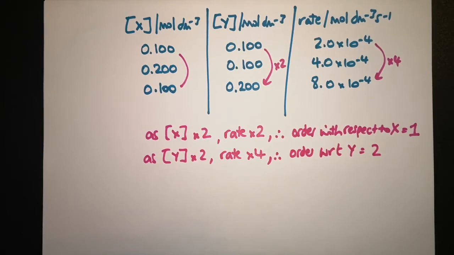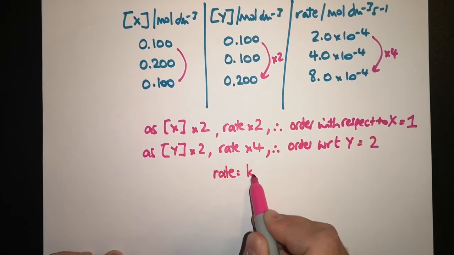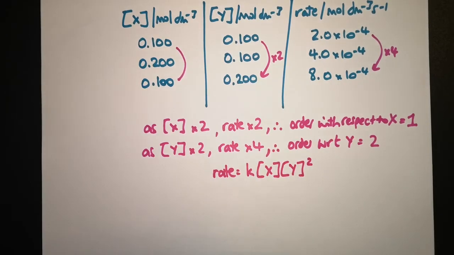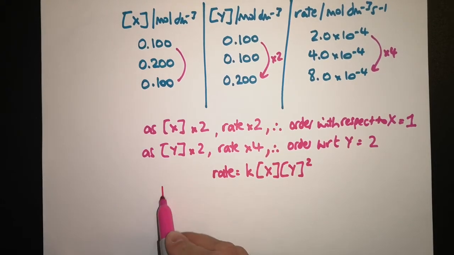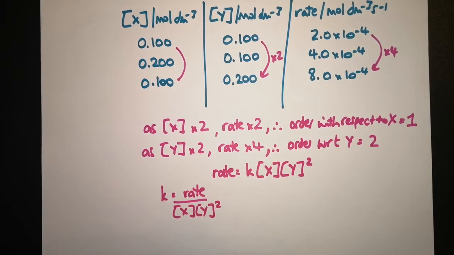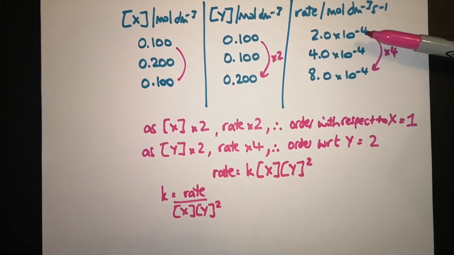Now I know the orders, I can put together the rate equation. So I know that would be rate equals k [X][Y] squared. Then I could calculate the rate constant by rearranging. So k equals rate over [X][Y] squared. Put in my numbers. Now to select the numbers, you would pick any one of these experiments. You should get the same number for each experiment. It's normally a good rule of thumb to pick number 1.